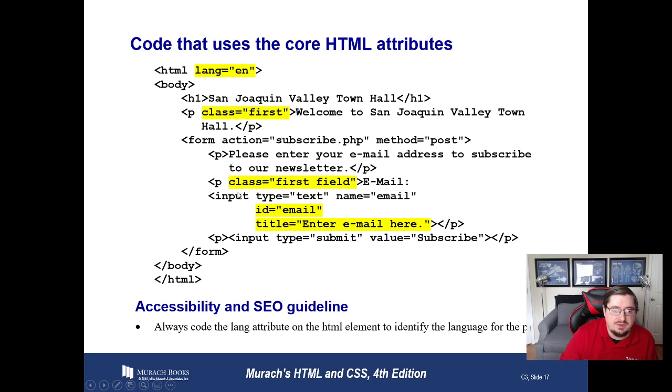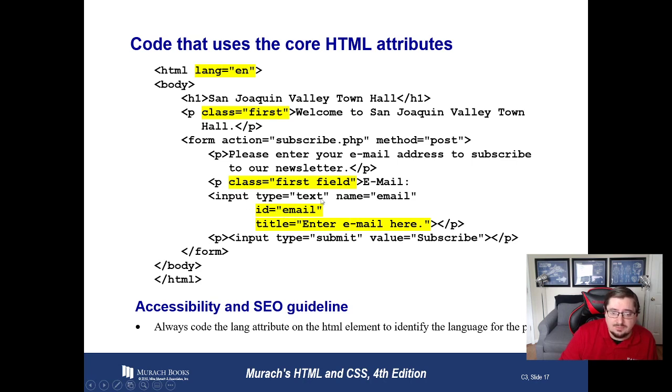So this p tag has both first and field. It has both of those classes, which can be quite helpful as we go further into this semester. It's very helpful to have more than one class applied to a tag.